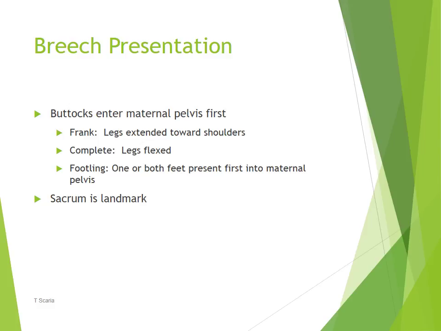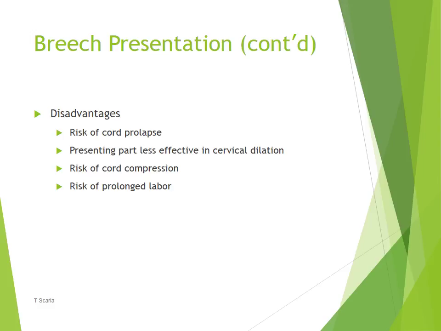What is breech presentation? Here the buttocks enter the maternal pelvis first, and there are three types of breech presentations: frank breech, complete breech, and footling breech. The sacrum is the landmark in breech presentation. There are some disadvantages for breech presentation. They are cord prolapse. Remember I explained this. The presenting part is less effective in cervical dilation.